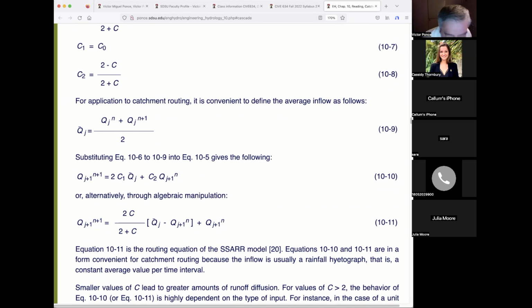Because what happened was that in the early 90s, the models that did not become GUI, like RAS and HMS, were basically dead in the water. And I do not believe that the Army Corps at that time had the wherewithal to transition from character cell to raster, to GUI.